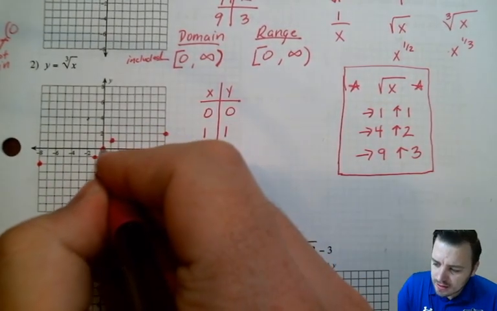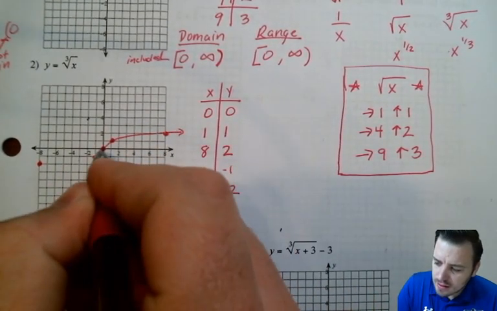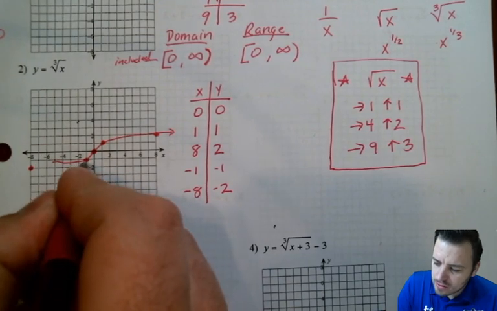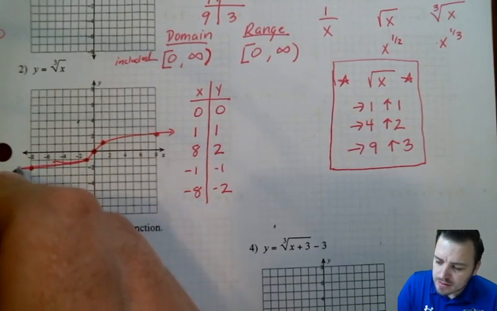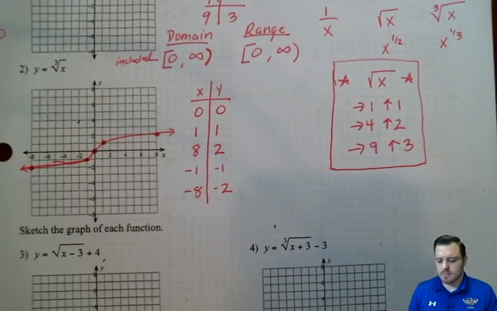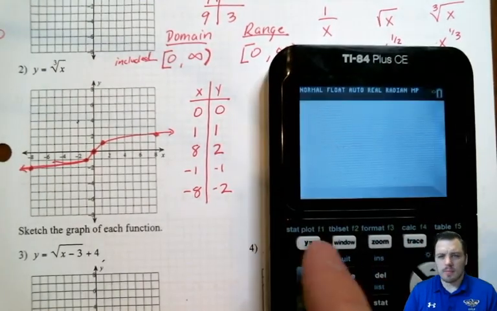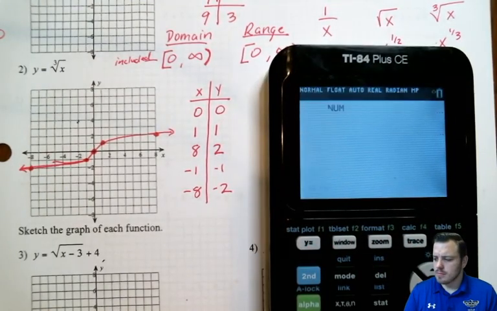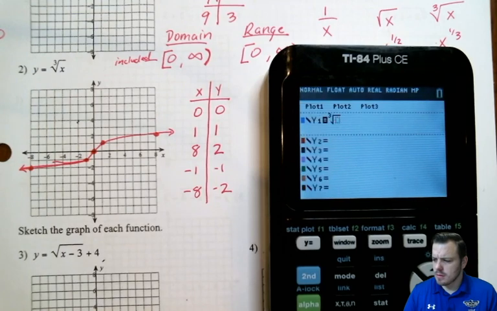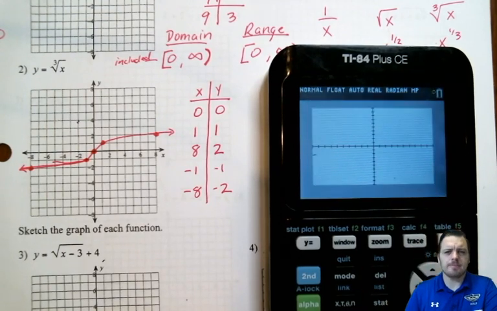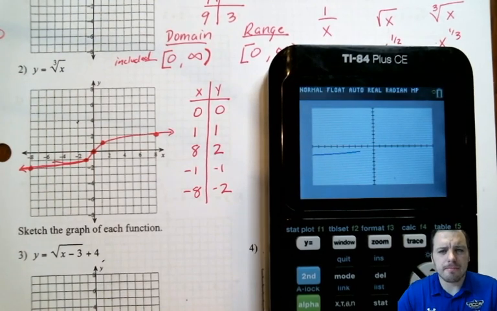And this goes out like this. This goes down like, oh, whoa, sorry, pen got away from me. This goes down like that. If I show you the cube root of x on a calculator, we get the same thing.